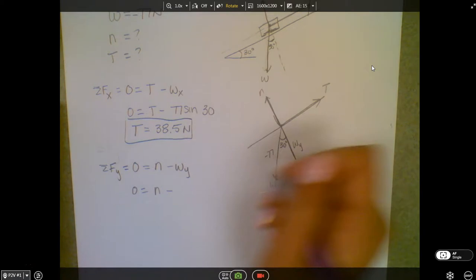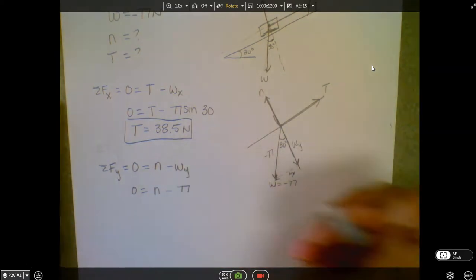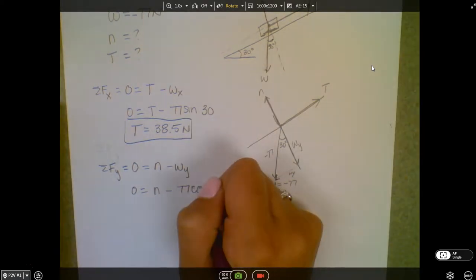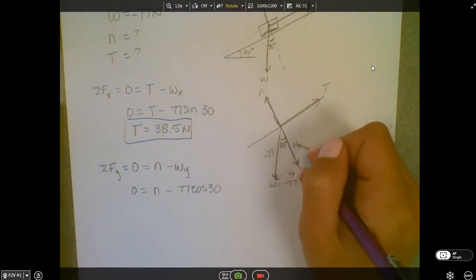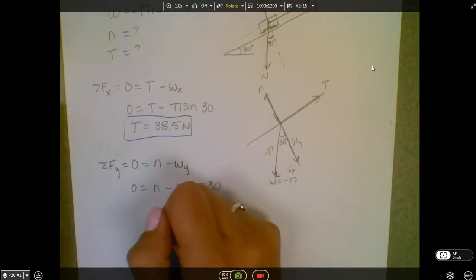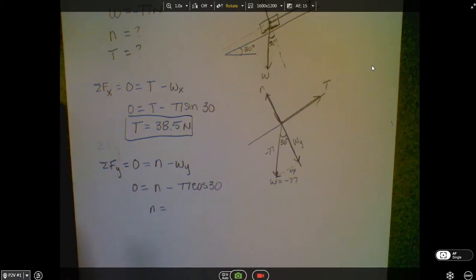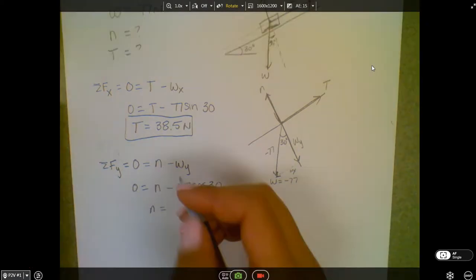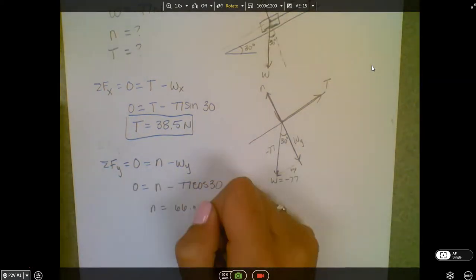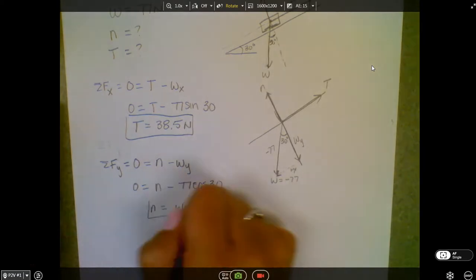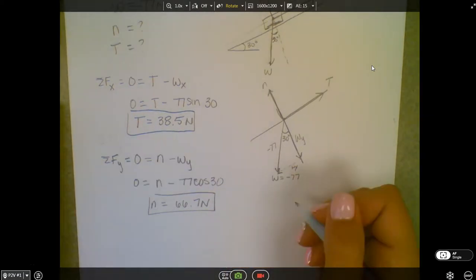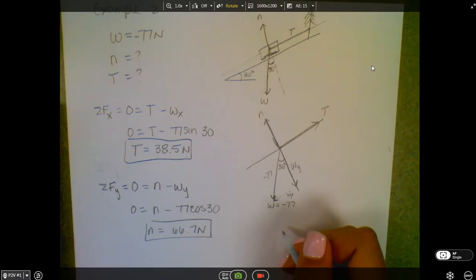We know that Wy would be 77 cosine 30, because it's adjacent. And so now if we just do 77 cosine 30, we get 66.7 newtons for the normal force. And that's it. So that's everything.